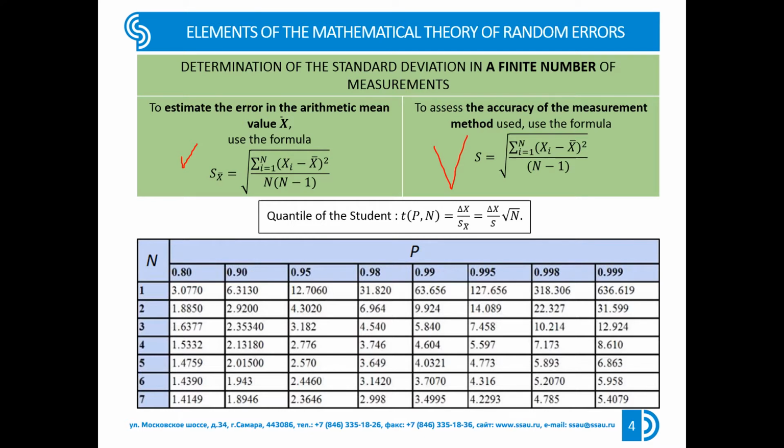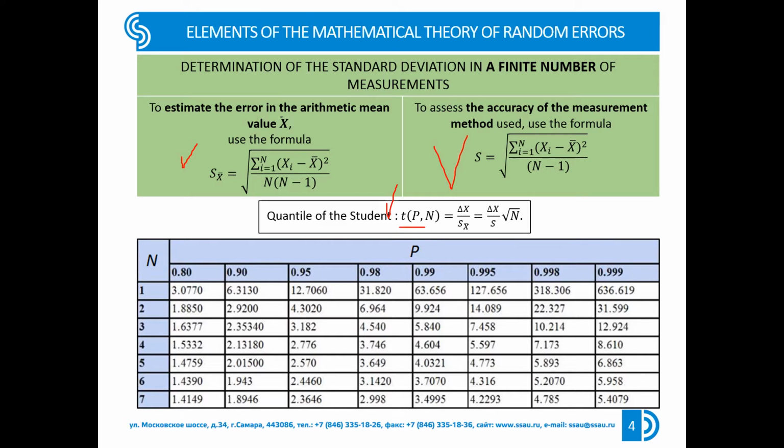When the number of measurements n is less than 20, the relation between the confidence probability and the interval is determined not only by the standard deviation, but also by the number of measurements, because the value of the standard deviation of the arithmetic mean is itself affected by error depending on the number of measurements. An appropriate function was derived by Gosset under the pseudonym Student.